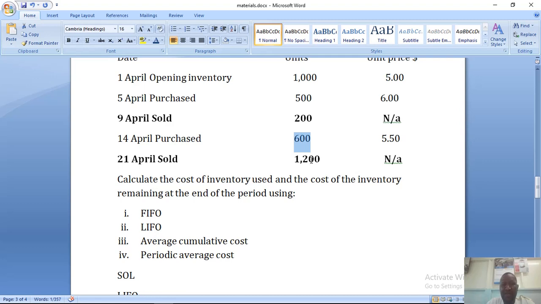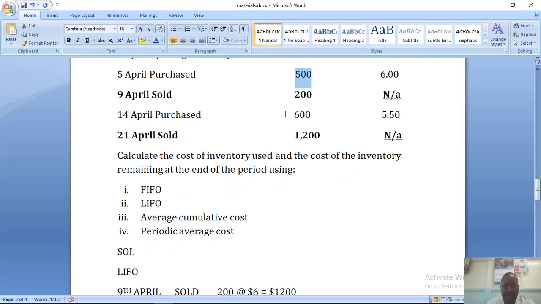The balance will be issued from the second latest, and we know that we have 300 units remaining there. So the 300 units remaining from the consignment received on the 5th of April should be the next to be issued. Now we've issued 600, we've issued 300, we still remain with a balance of 300 units. The remaining 300 units will be issued from the opening inventory of 1,000 units.